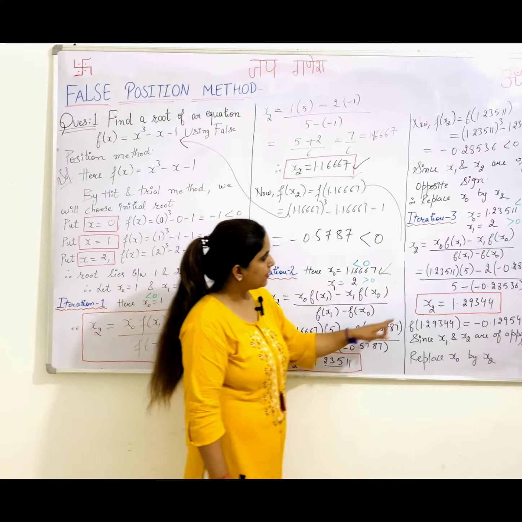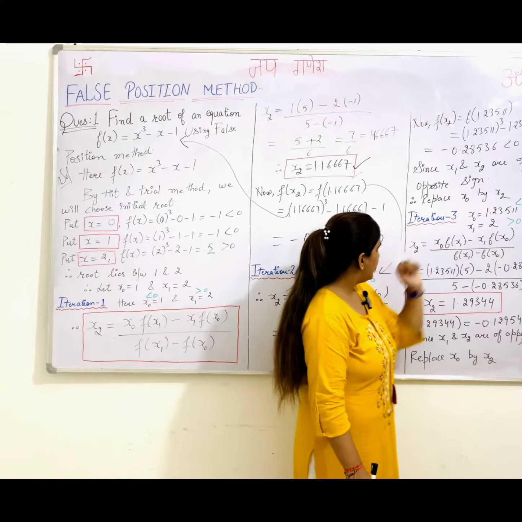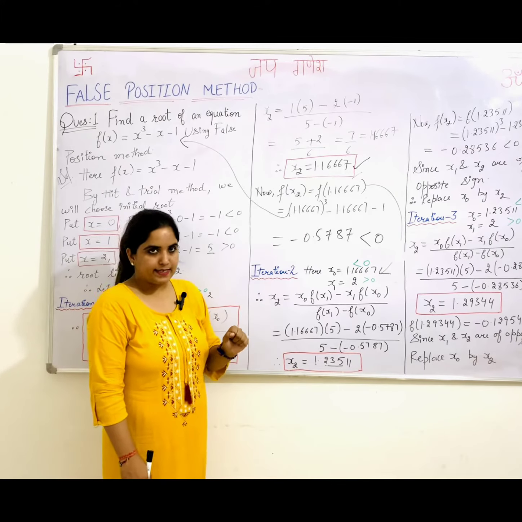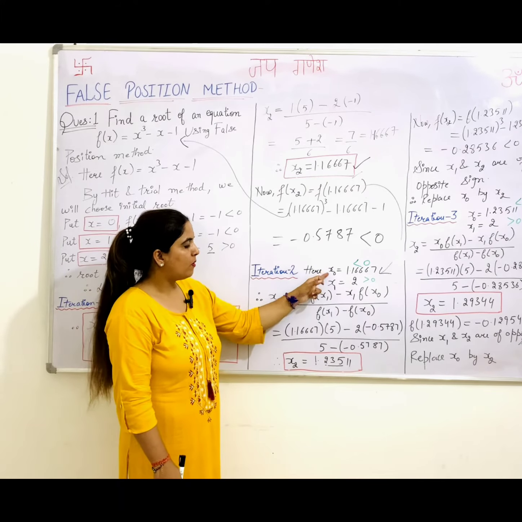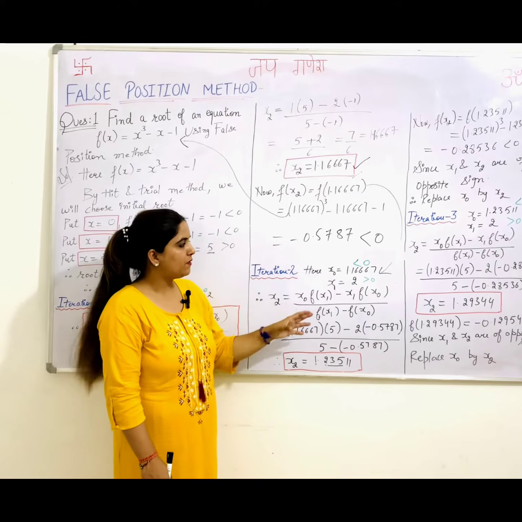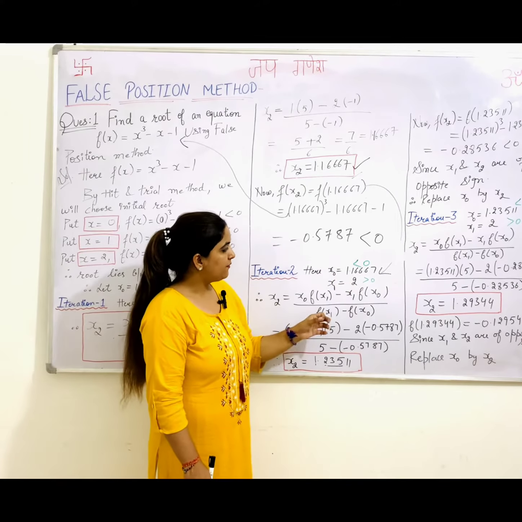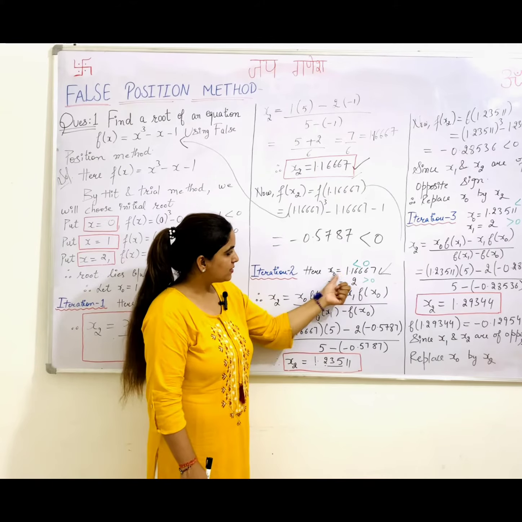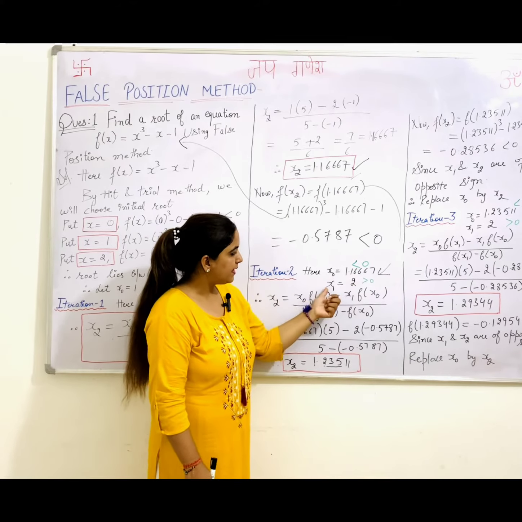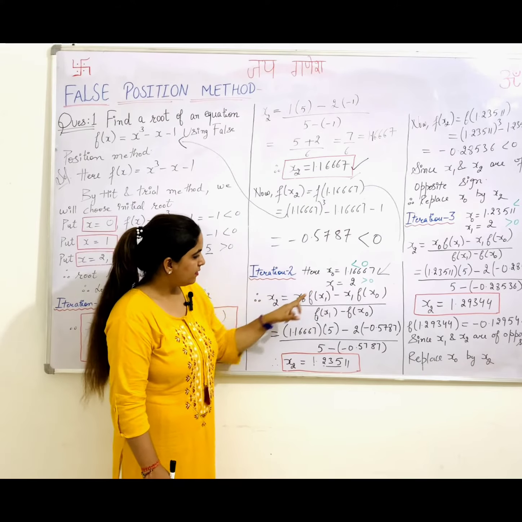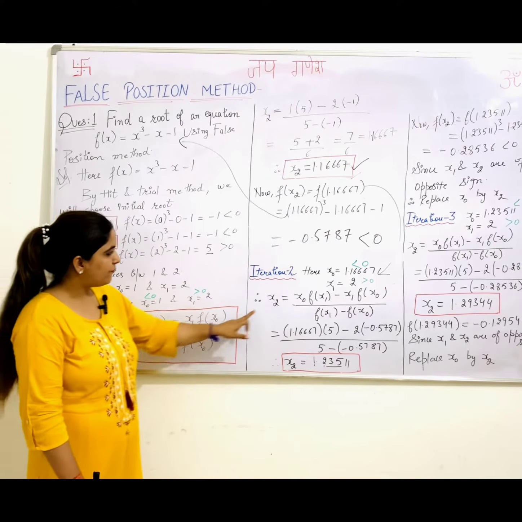It must be included in the third iteration. The second value will be chosen by comparing the signs. The first value could be x0 or x1, depending upon which one is larger and which one is smaller. So this is the way to choose the values. x0 is 1.16667 and x1 is 2. Signs are different. We are again focusing on the same formula.